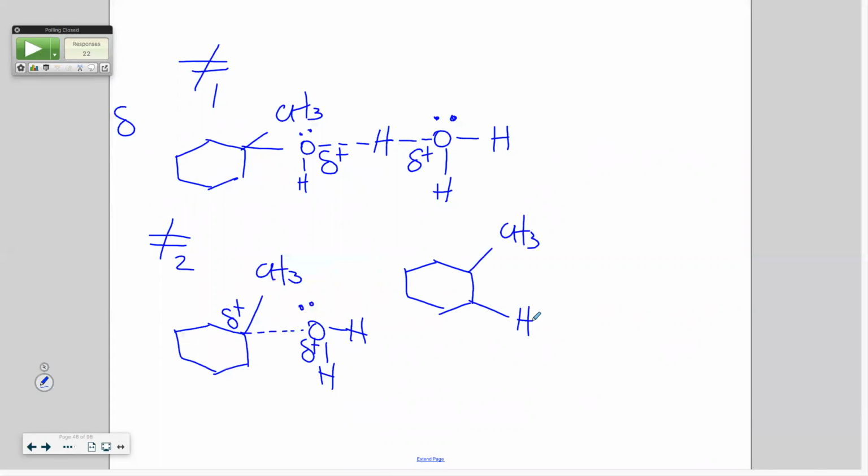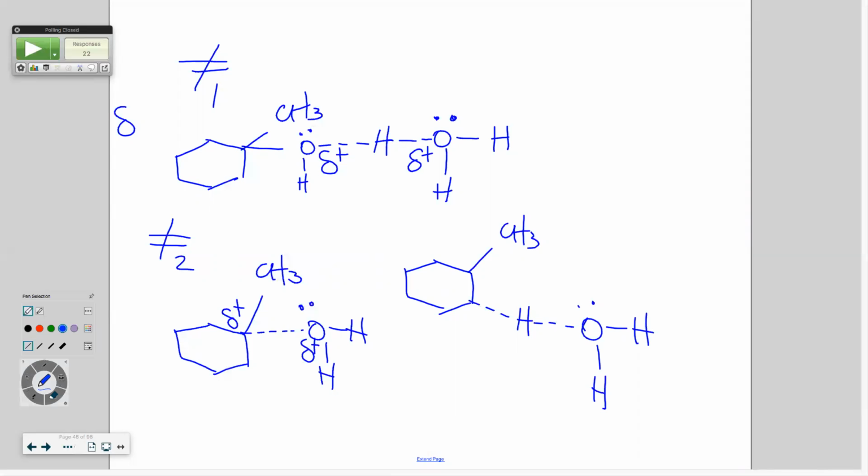And where did the hydrogen go? It went to a water. So you're making a bond between this hydrogen and that O. Agree? And you are breaking a bond between this H and that C.